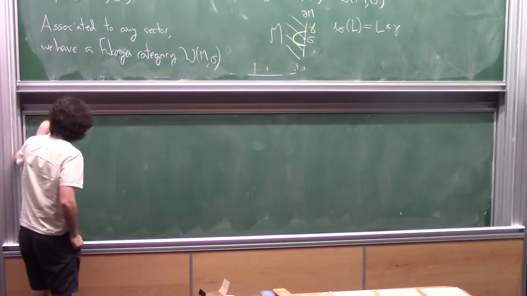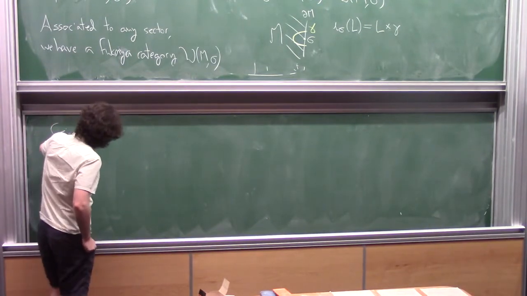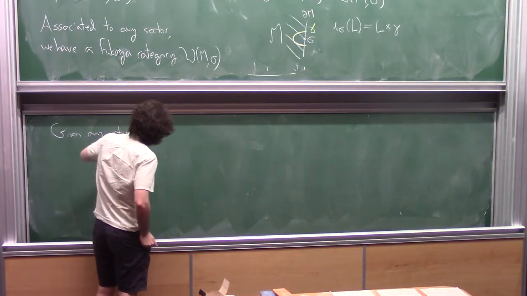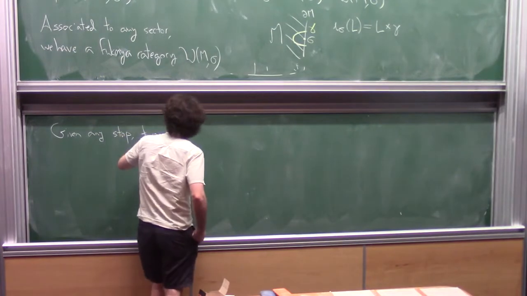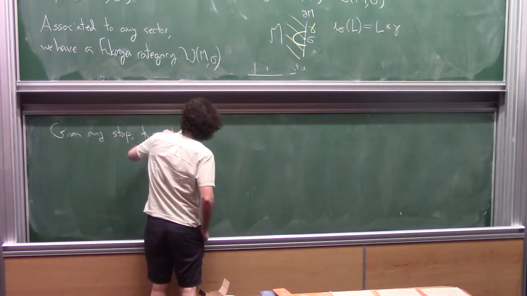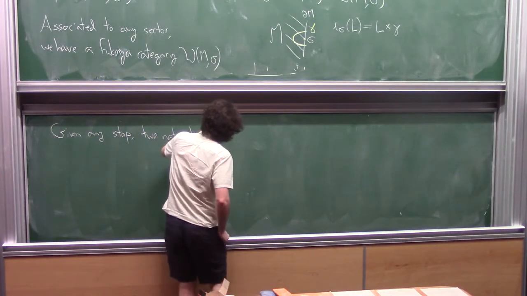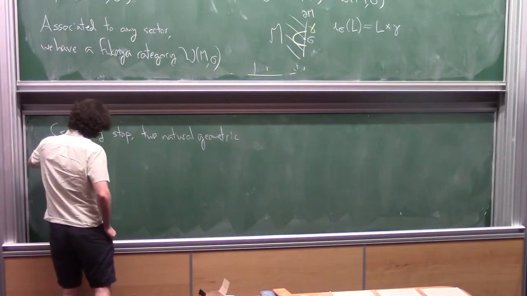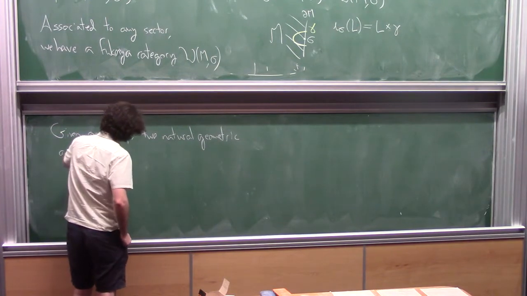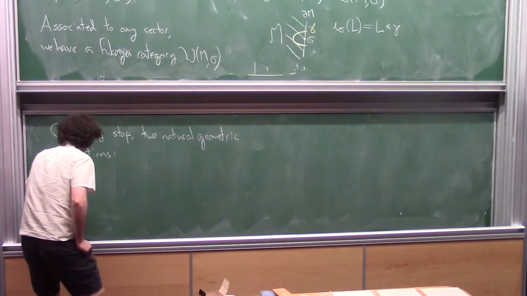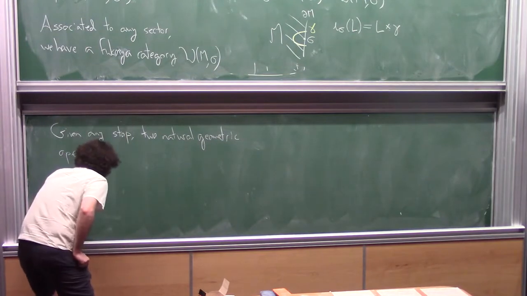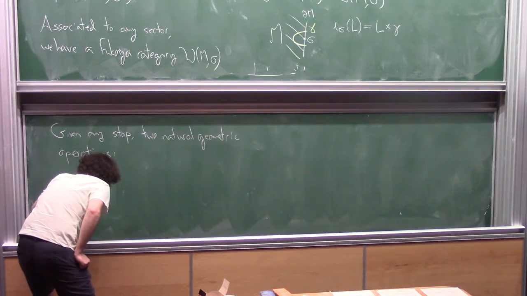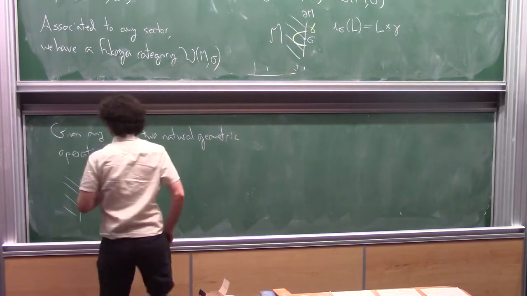Okay, so what can we do with this? Given any stop, there are two kind of natural operations. I'm again going to draw this picture, with the same labels as before.